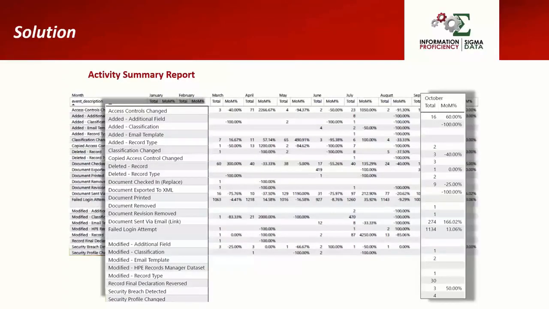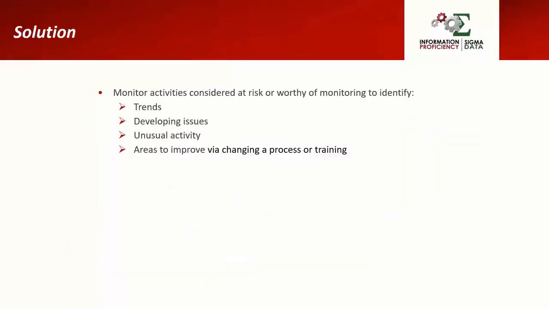This is a heavily redacted working example from one of our customers that gives them much of what I've just spoken about and a little bit more, and it shows the changes from month to month, which helps them identify everything that I've just spoken about. By doing this, they're able to identify trends, developing issues, any unusual activity, and of course, areas to improve.